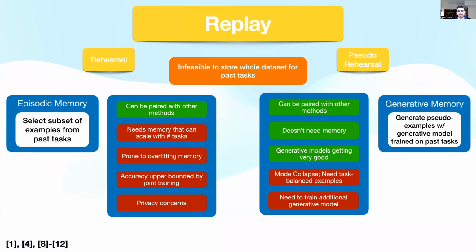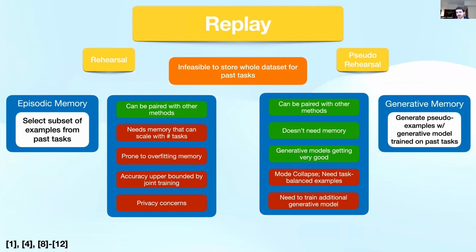Pseudo rehearsal, on the other hand, uses some kind of generative model, not just random binary noise anymore. We actually typically have a separate generator at this point, and we say that we want this generator to be trained on producing examples akin to the past distribution. And then that's what we feed into our model when we're training it on a new task.